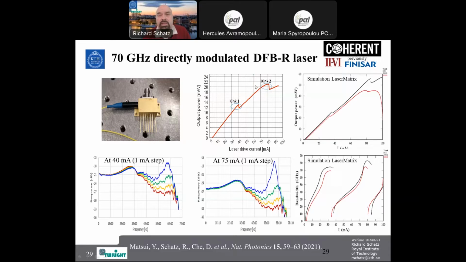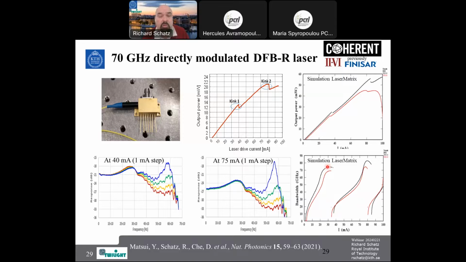It's possible to model this with my LaserMatrix software, which we used for the design. And then you see a very similar behavior here, these kinks. And just before the kinks, you see you reach very high bandwidth. It's due both to photon-photon resonance, but also detuned loading, and also, in fact, FM to AM conversion.